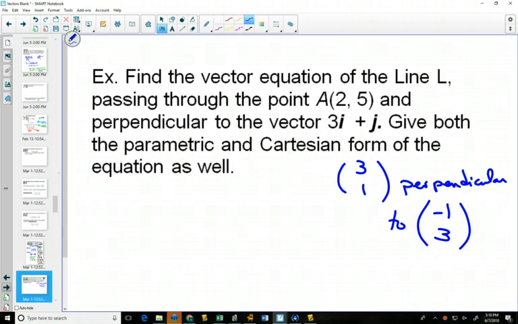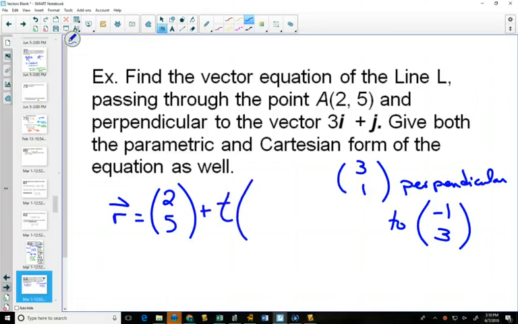So our vector equation of our line, in this case, will be, take any point, we still have the point (2, 5), plus any parameter times the direction.